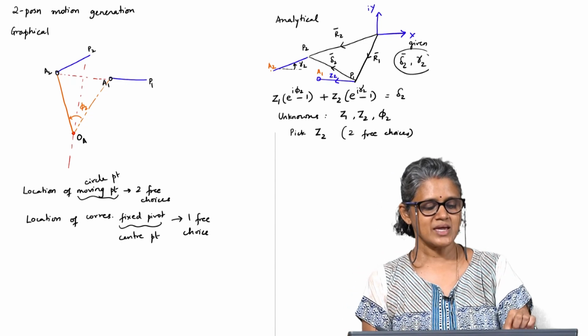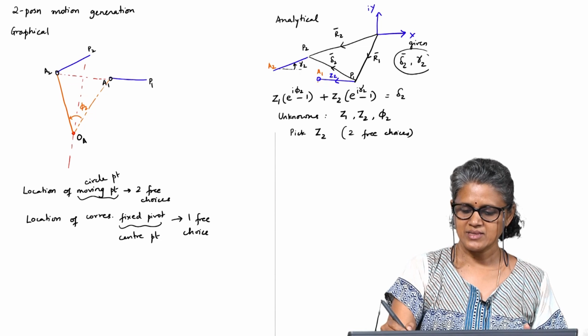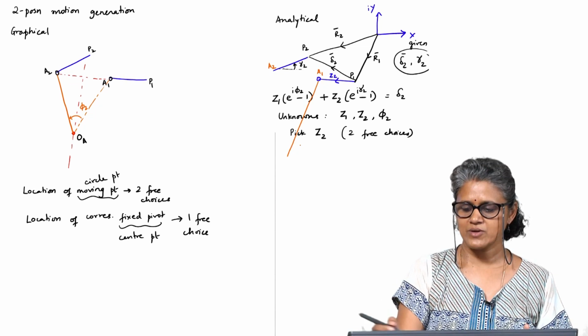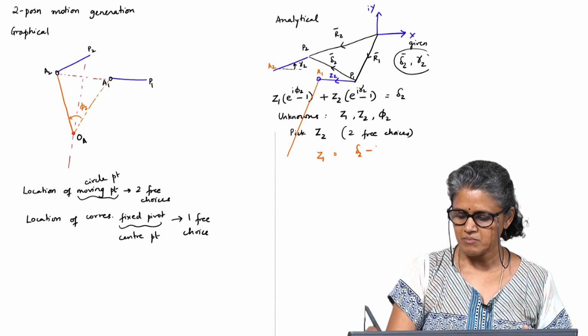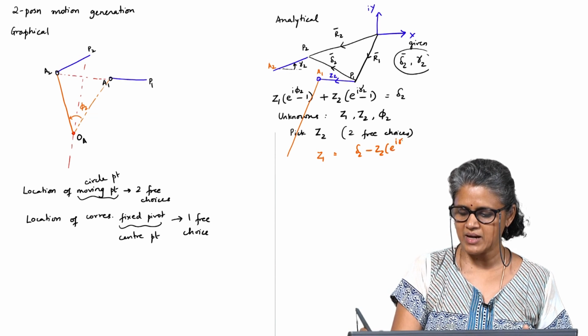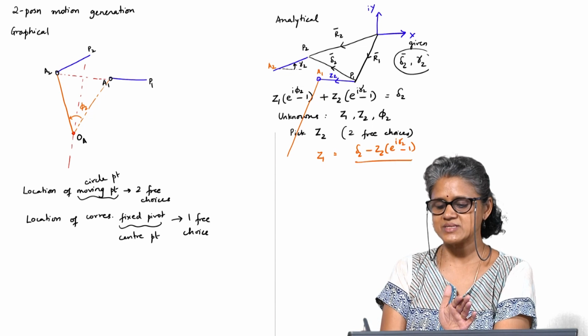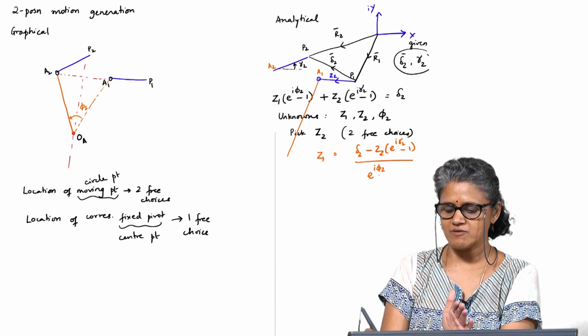I am saying where should OA be located such that this Z1, then I can, from this equation, solve for Z1 as delta 2 minus Z2 e power i gamma 2. So, this is less intuitive. It is easy for the equation, this is how I solve it.